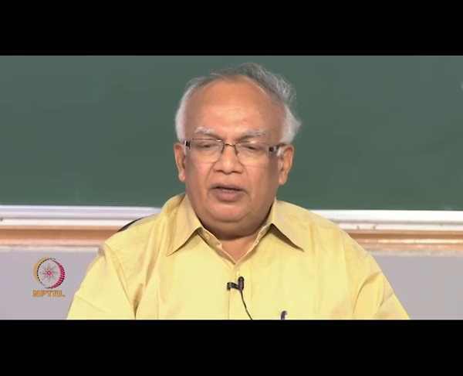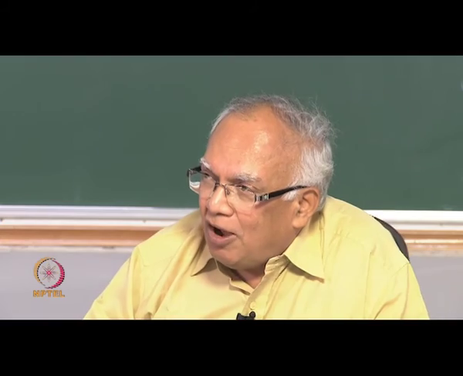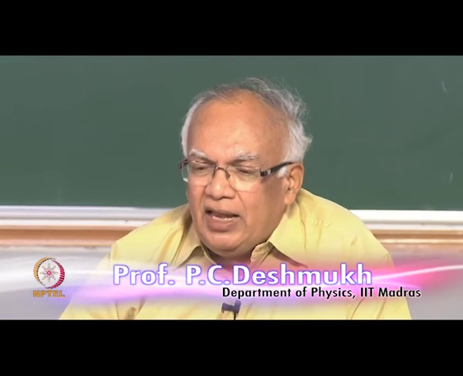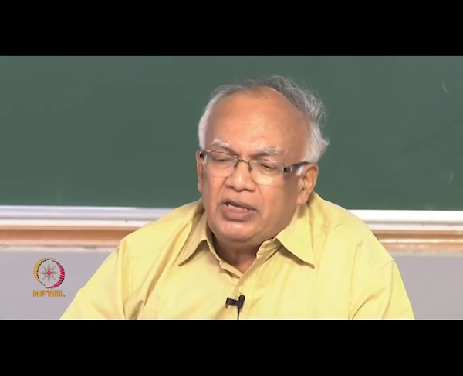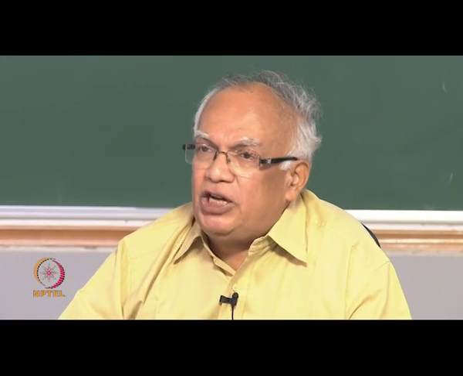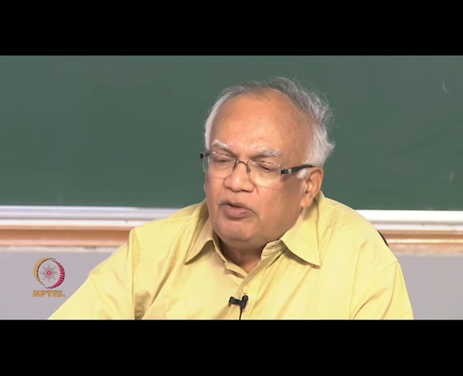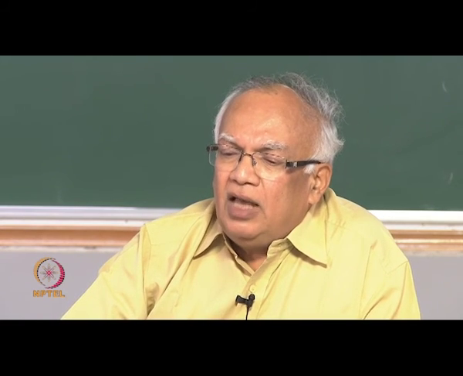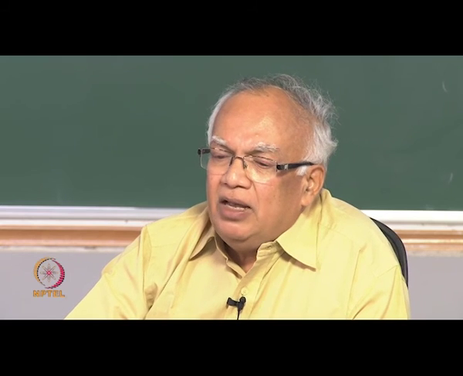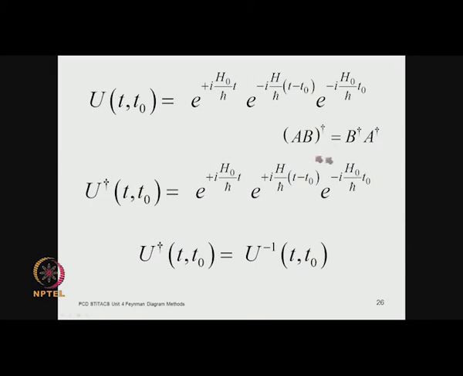These are more or less obvious properties, but then you have to demonstrate them using explicit transformations, and the transformations have to be done carefully because you have got the unperturbed Hamiltonian here and here, but the full Hamiltonian over here.